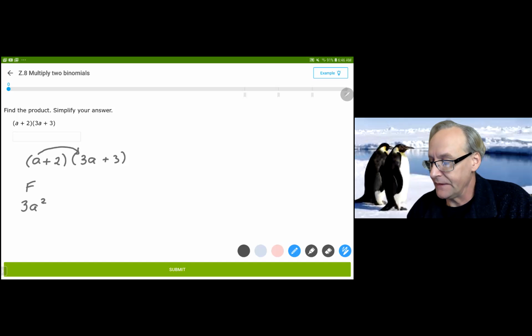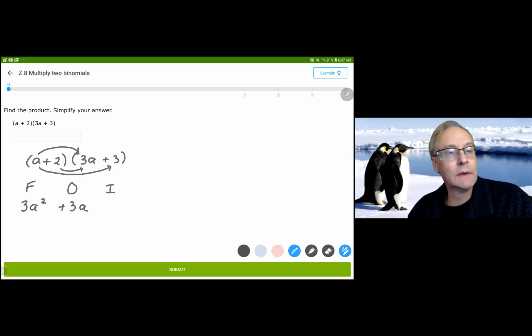Then we're going to multiply the outer pair. The outer pair is the a times positive 3, which is plus 3a. And then we're going to multiply the inner pair, which is 2 times 3a. That's going to give us 6a.